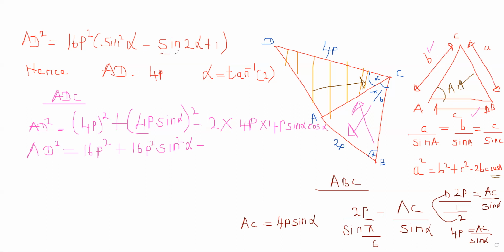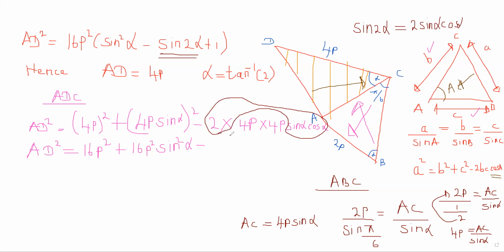In the answer, we have a term called sine 2 alpha. Yes, according to trigonometry, what is the expansion of sine 2 alpha? Sine 2 alpha is equivalent to 2 sine alpha cos alpha. Therefore, in the place of 2 sine alpha cos alpha, we can write sine 2 alpha. I looked at the answer.